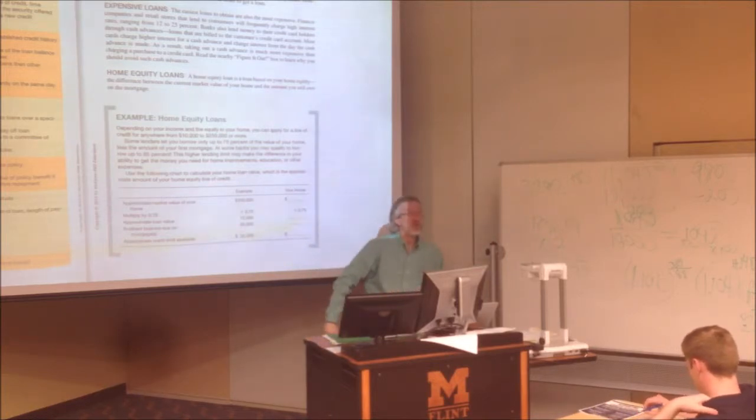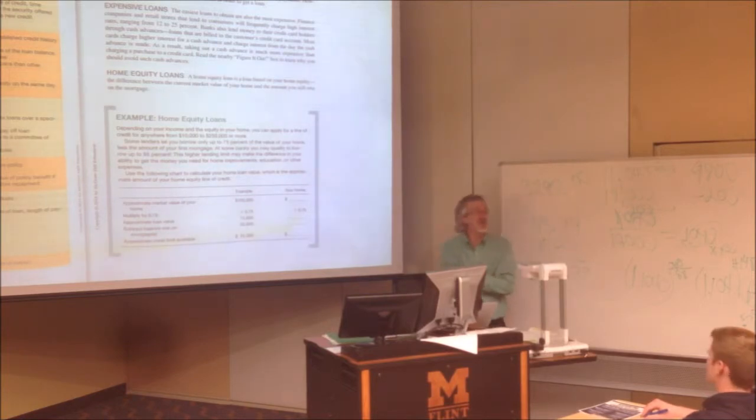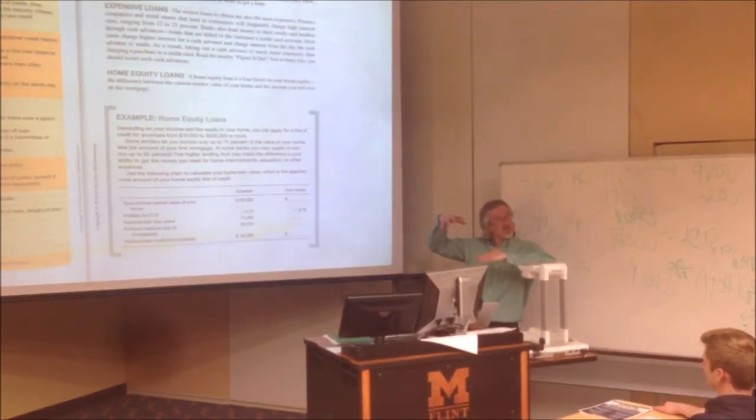Most of you will maybe take out a home equity loan in your life. It's very common. A lot of people do it. They buy a house and they get a loan, but then they've been paying on this loan on their house. Let's say 10 years go by. Their house increased in value, the amount they owe on the loan is decreased, and in the middle is equity.